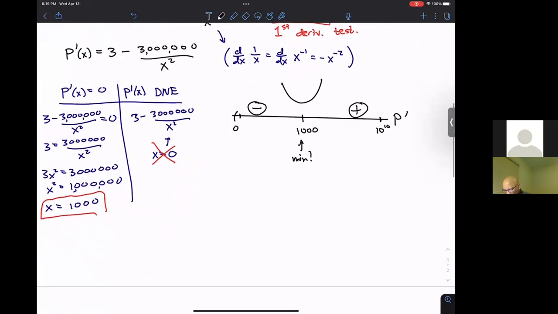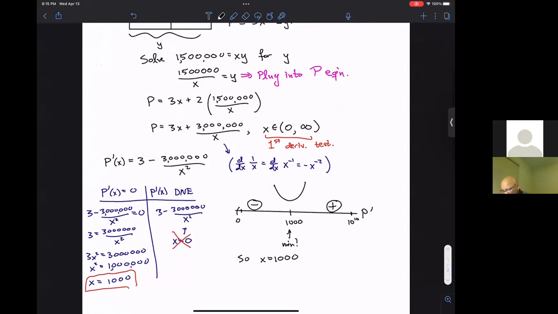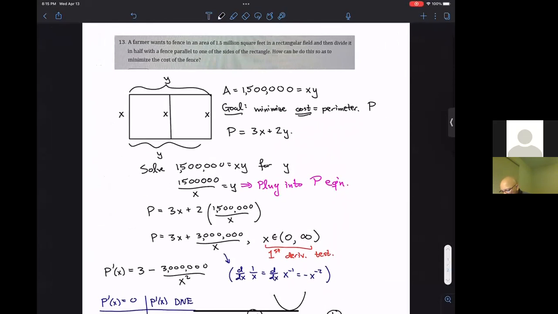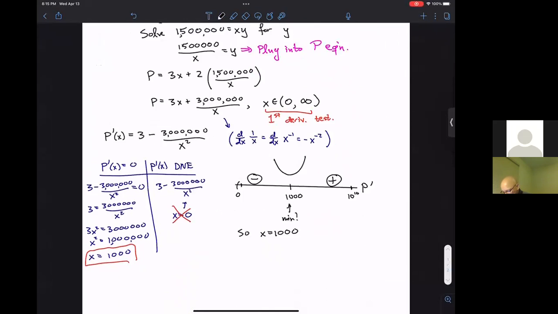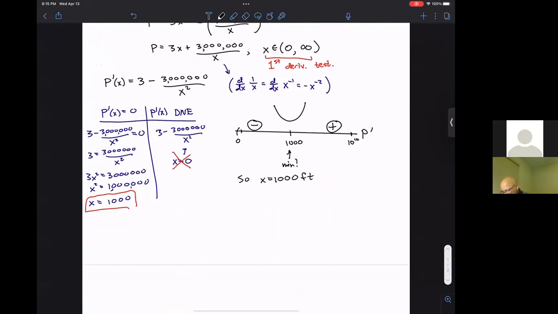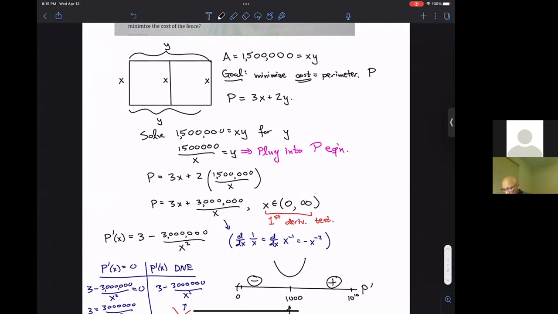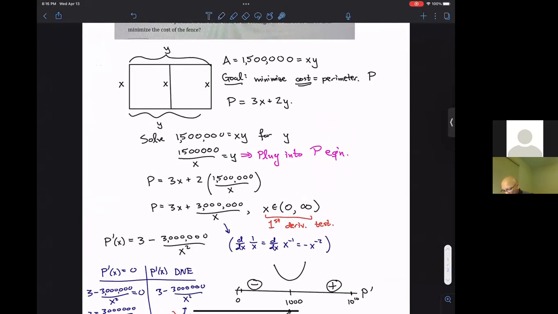So we know x equals 1,000. What are my units? Feet. So it's 1,000 feet. And y, I can solve for: the other dimension I didn't know is given by 1.5 million over x.